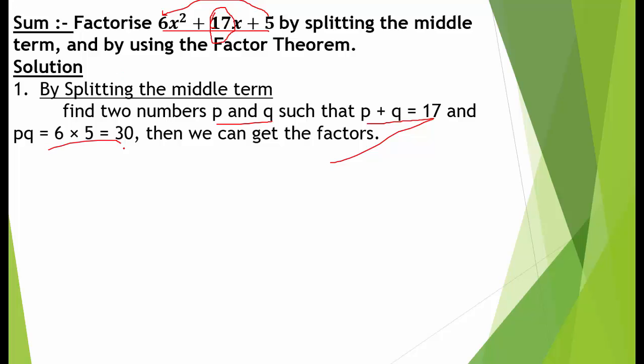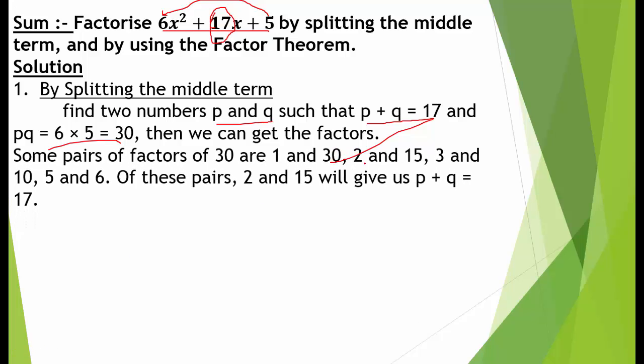Now factors of 30 are 1 into 30, 2 into 15, 3 into 10, 5 into 6. From among these factors, only 2 and 15 satisfy the condition, that is 2 into 15 is 30 and 2 plus 15 is 17.